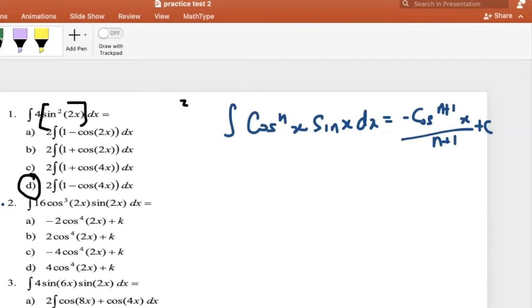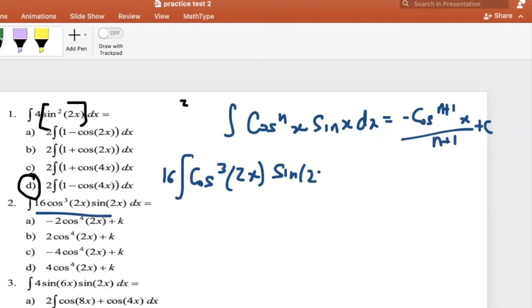So here, by recognition, I'm going to use the integral. Put the 16 on the outside, so I have cos cubed 2x sine 2x with respect to x. Whenever you have a number in front of x, we multiply n plus 1 times that number.